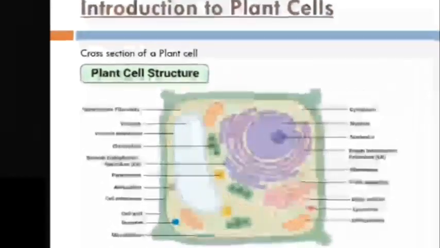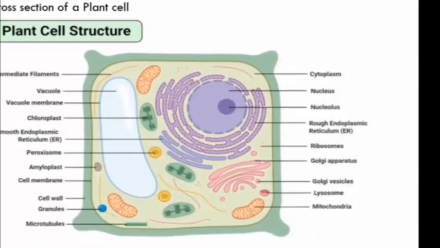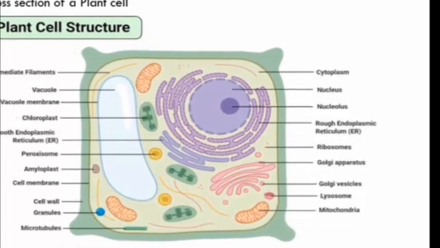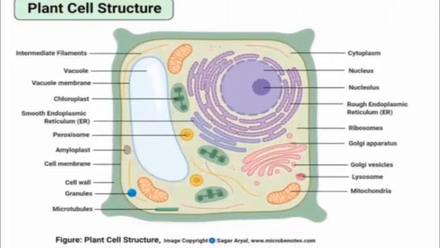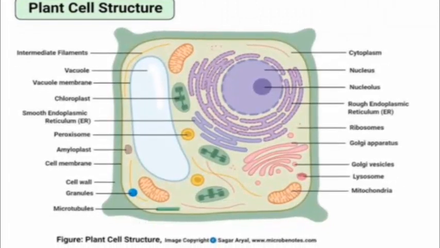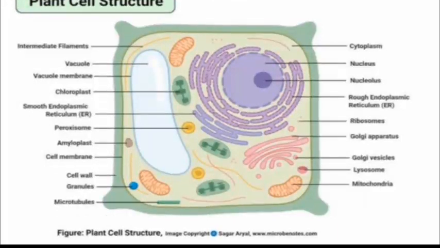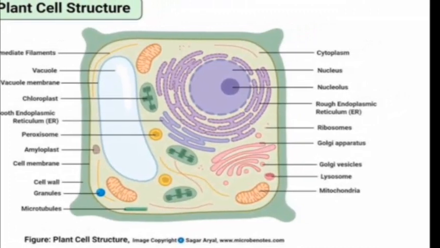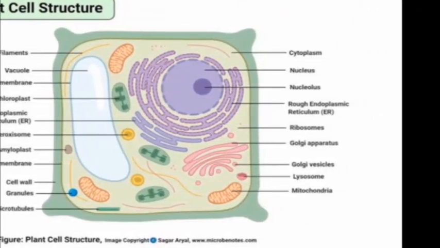As you can appreciate, this plant cell has an internal structure and an external structure. The external structure is only the cell wall, as you can see from this picture.